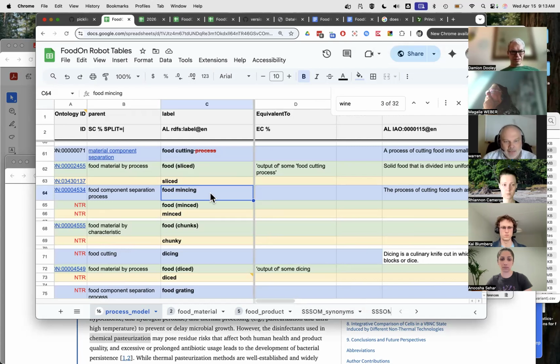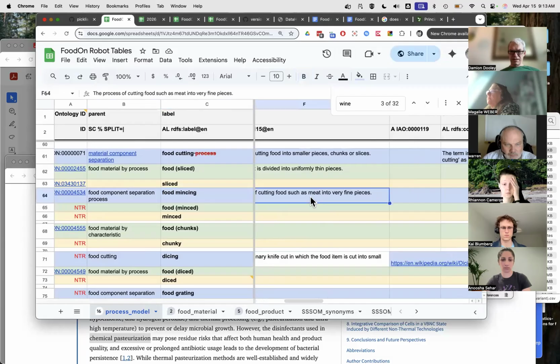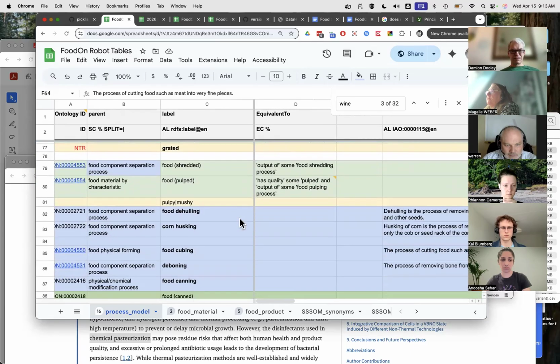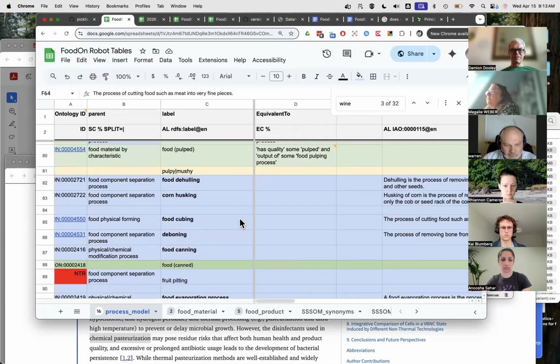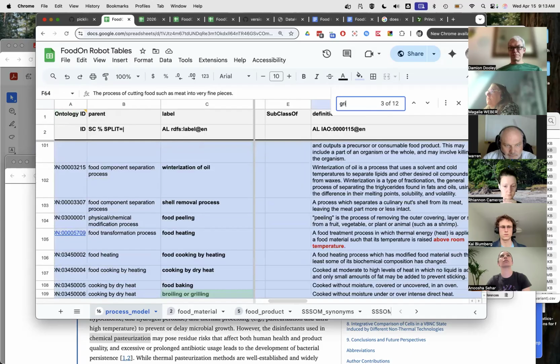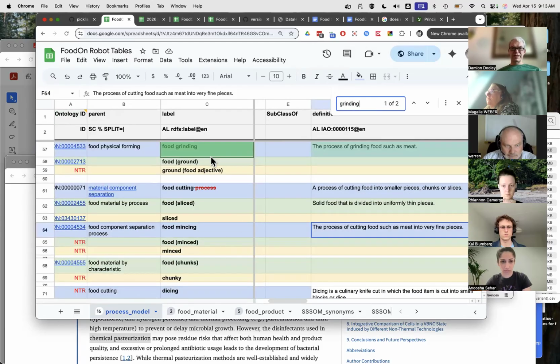Was that the comment about mincing? I was asking. Oh, you were asking. Okay, I have made ground separate. Food grinding, I don't even know if we have food grinding. We need it. Okay, we do.